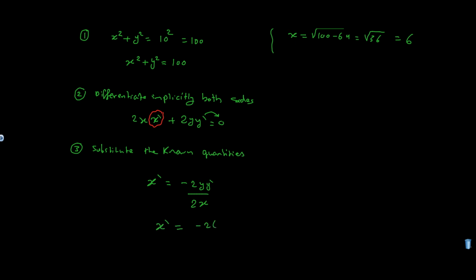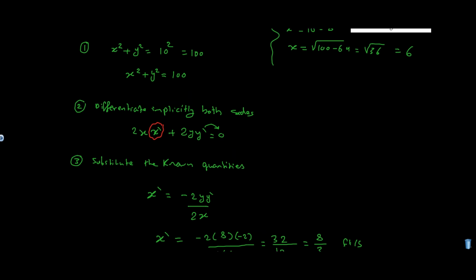Now what is x prime equal? Negative 2 times 8 times y prime, negative 2, over 2 times 6. This is equal to 32 over 12, which is equal to 8 over 3 feet per second.